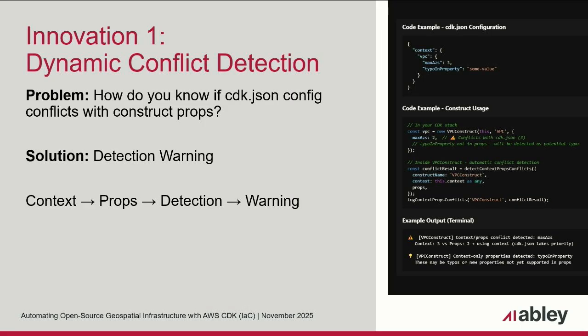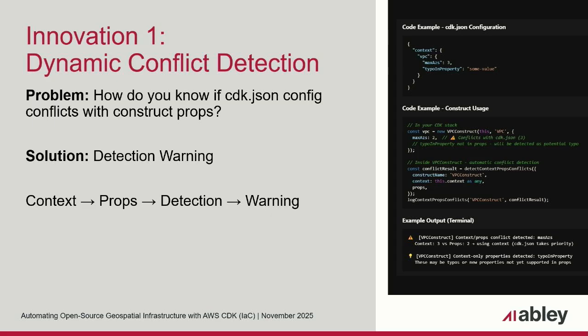Right, so as I mentioned, I'm really lazy, so we wanted to innovate a few things. First innovation was dynamic config detection. The code has context properties in the JSON file, or props.